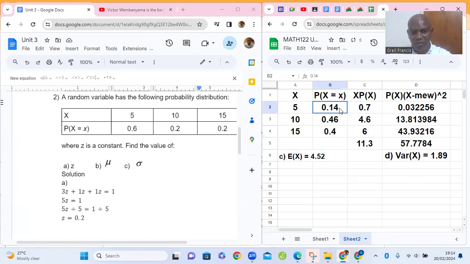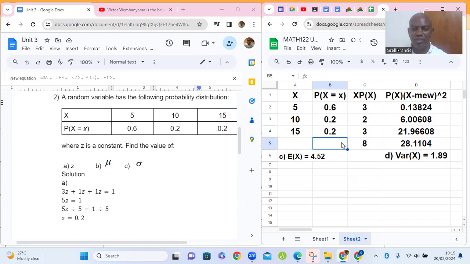So the probability values are 0.6, 0.2, 0.2. Okay. So our mean is equal to 8. And our variance is equal to 28.11.